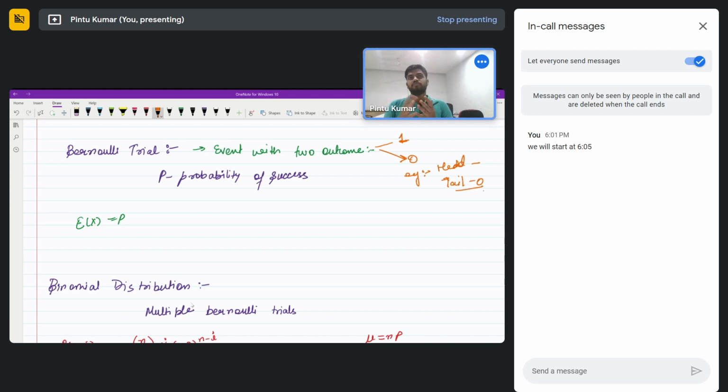One toss of a coin is known as a Bernoulli's trial, where p denotes the probability of success. Probability of success means probability of 1 occurring. So in this example, if you assign head to be 1, probability of 1 means probability of head occurring.